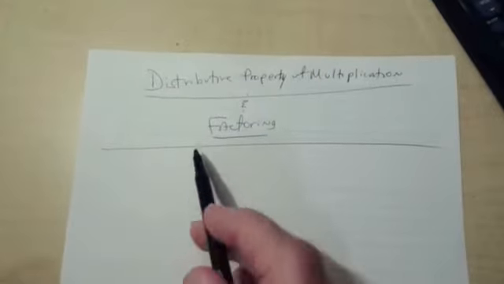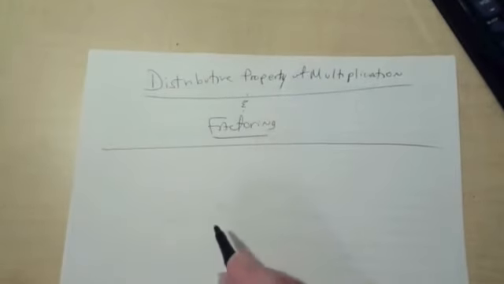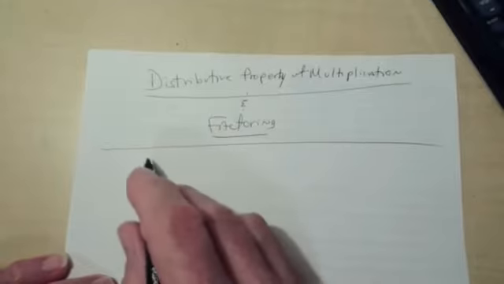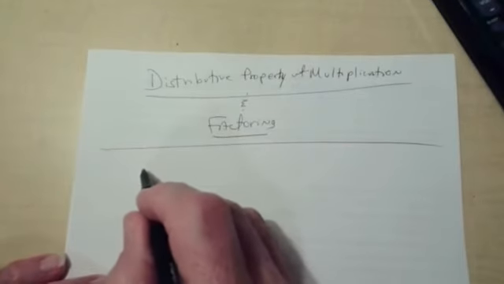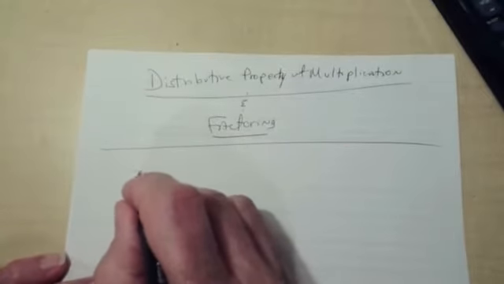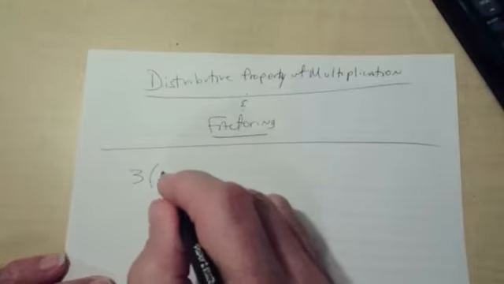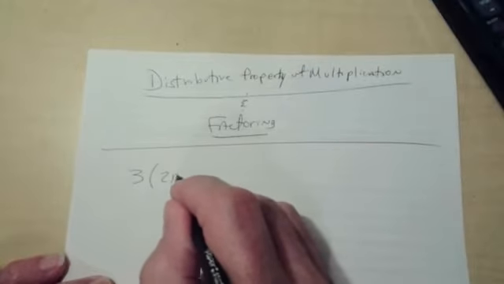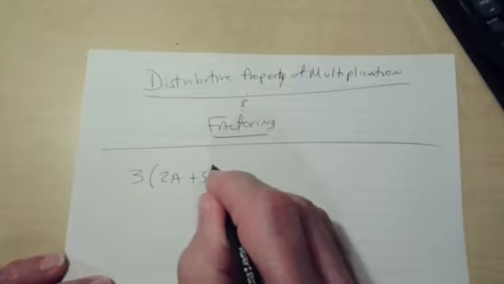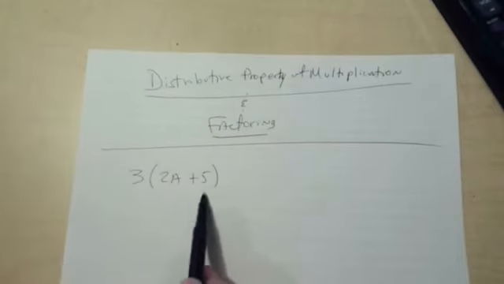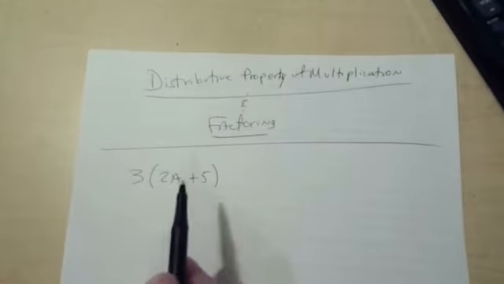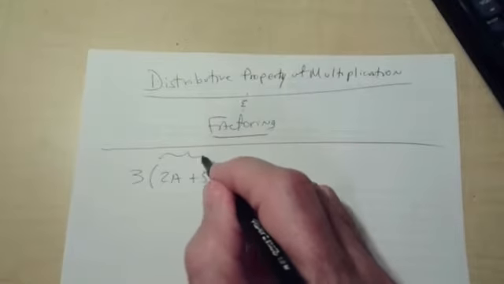This is a review of what we did Wednesday the 8th. First of all, we're going to go over the distributive property of multiplication. Very, very important. So if we have 3 times (2a plus 5). Now the parenthesis makes this one number.